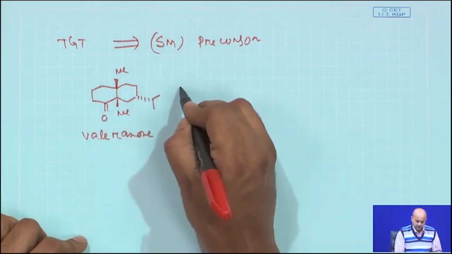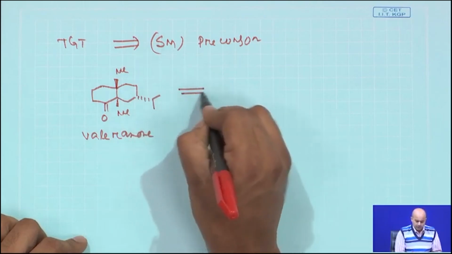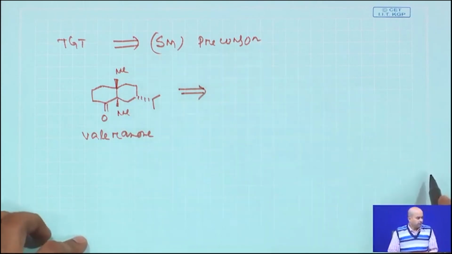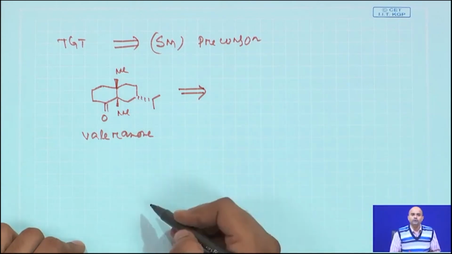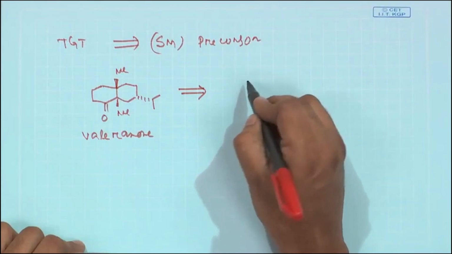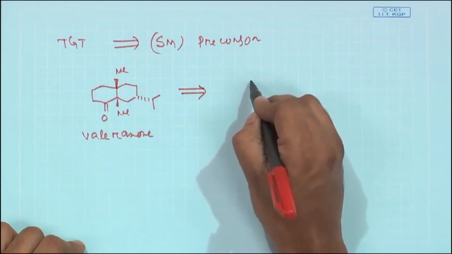We say let us first do a conventional retrosynthetic pathway, and if we can come to more than one pathway, then we will analyze which pathway is better, and then we follow the forward steps.